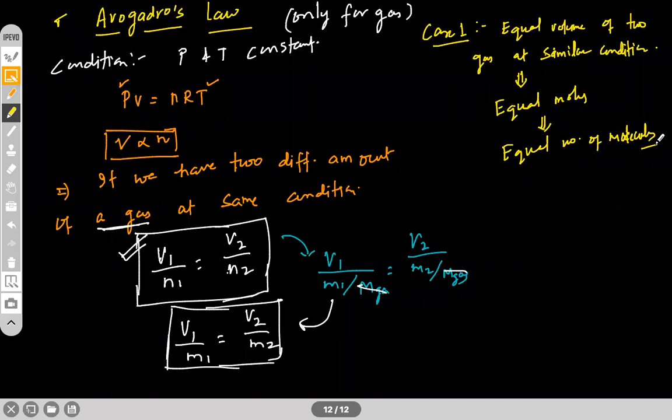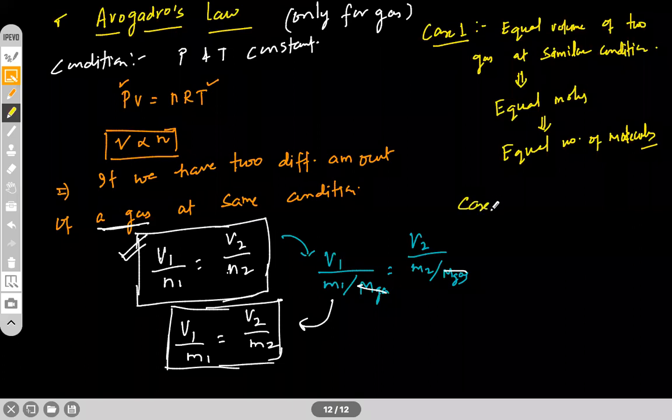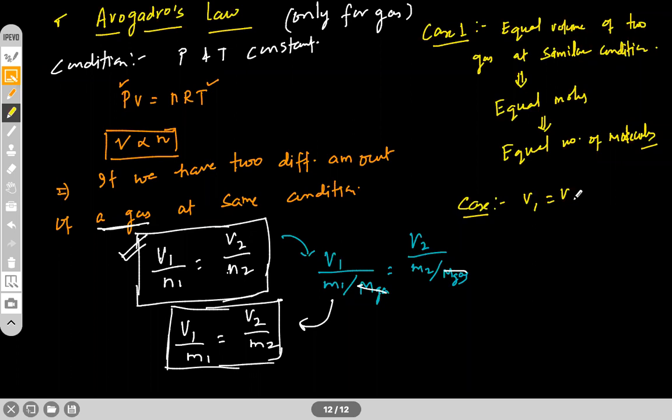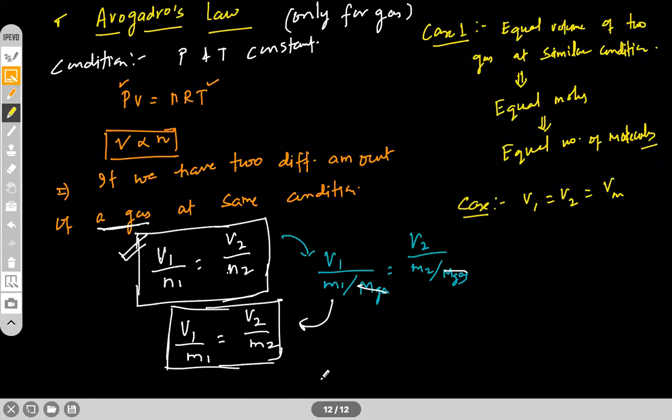Okay, but the second case is what? Suppose the two gases will have equal volume, V1 equals V2, and this volume is equal to the molar volume. Then what we can conclude from this information? Could you tell me?